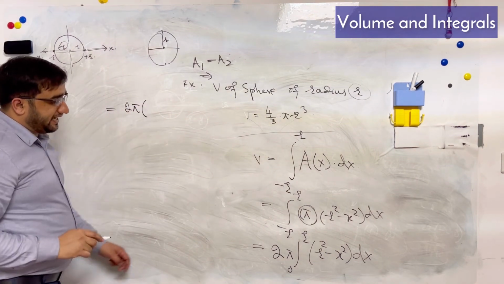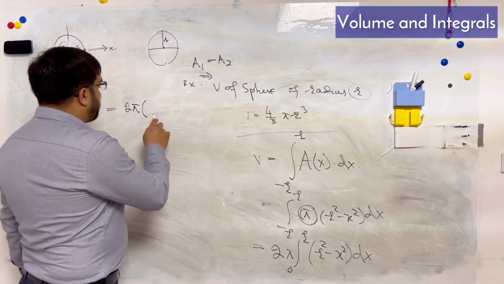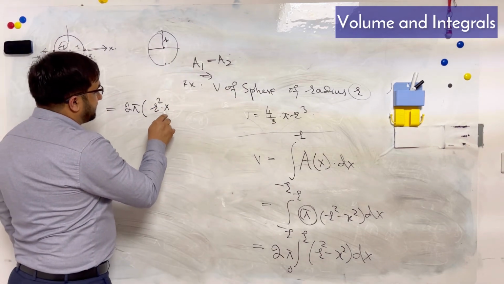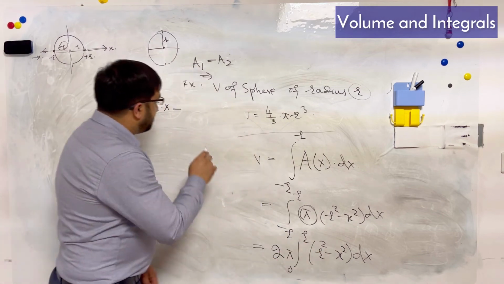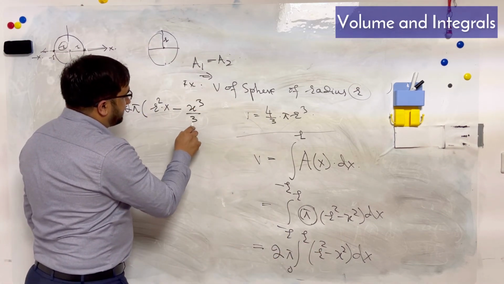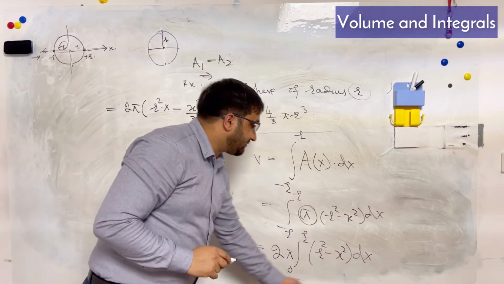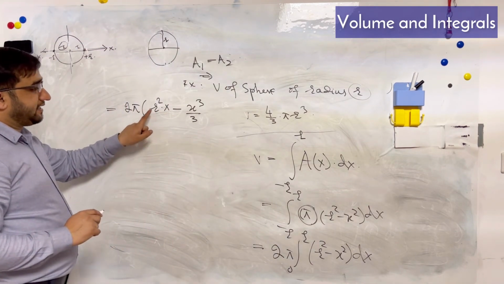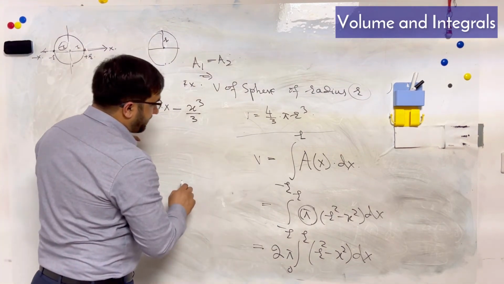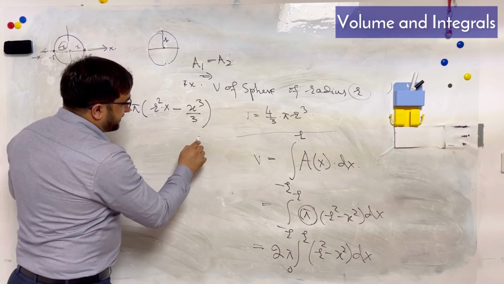So it will be 2 pi times r square x minus x cube by 3, because you are dealing with dx. r square is not a variable, it is a constant. And the limits are from 0 to r.